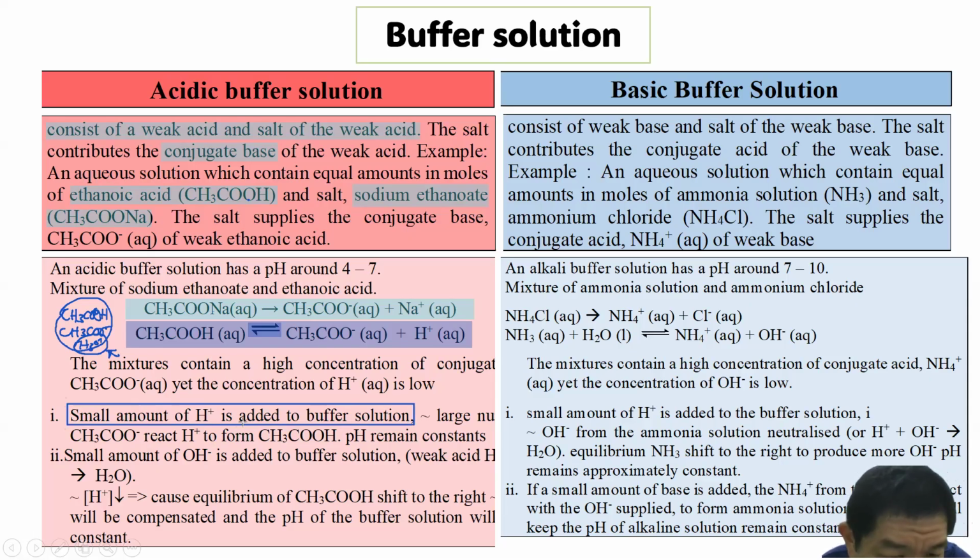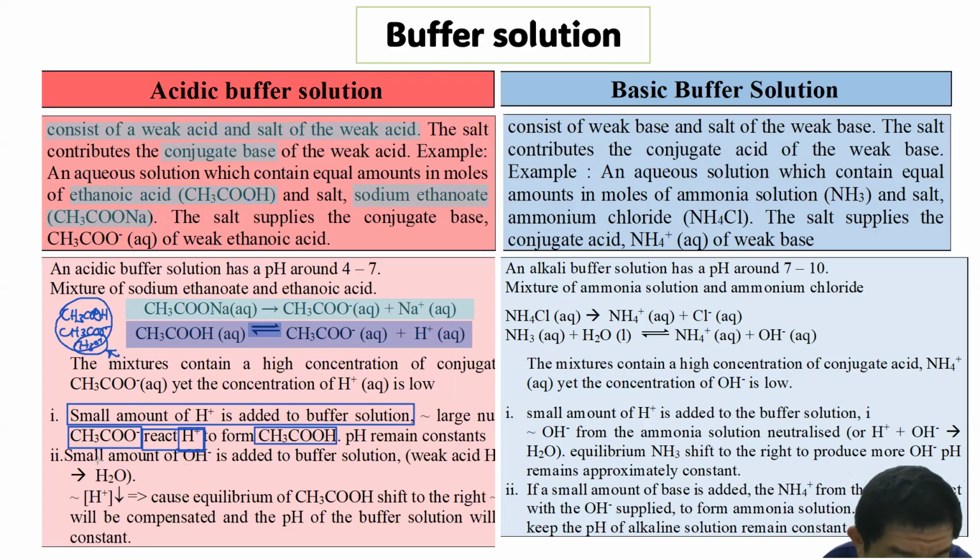When you add a small amount of H plus to the buffer solution, the large quantity of CH3COO minus given by the salt will automatically react with the H plus to form CH3COOH. So you can see why a buffer solution consists of both a weak acid and the salt: whatever happens to the mixture, one of them will respond in order to prevent the H plus or the OH minus from changing the pH. Okay, so this is what happens when you add a little acid to the buffer solution.